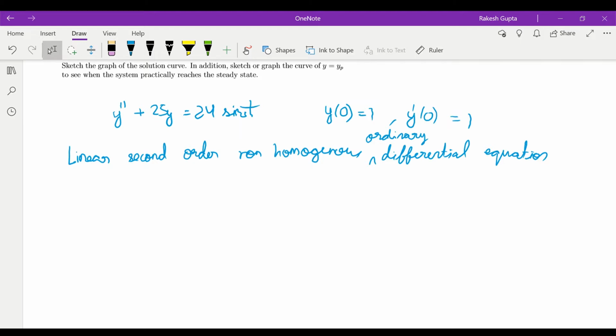If we consider y to be the solution of the ODE given in the question, we can write this as a combination of yp plus yh, where yp is called the particular solution and yh is called the solution of the homogeneous part.